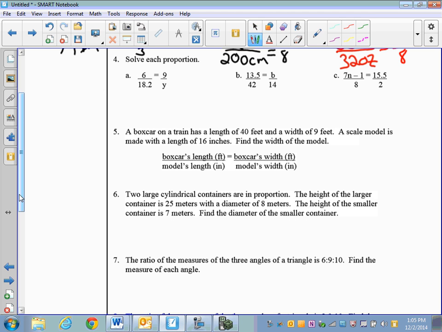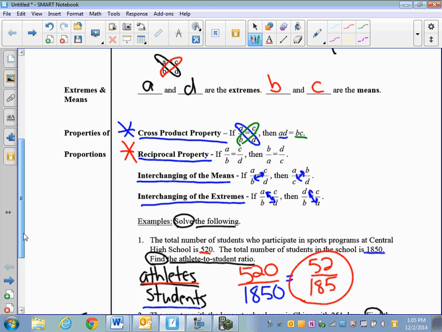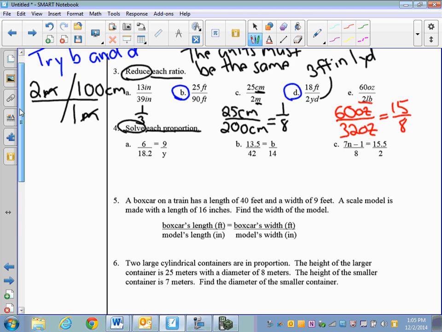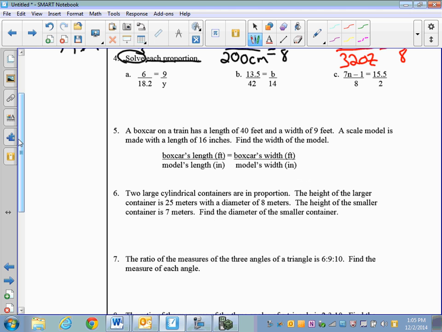I'm told to solve each proportion, so I need to figure out what my variable is. To do this, I'm going to use my cross product property. Again, I said that was very important. You'll be using this throughout the rest of high school math quite a bit, and you should have used it in Algebra 1 a lot. Whenever we have the equal sign in front of 2 fractions, I can just cross multiply.